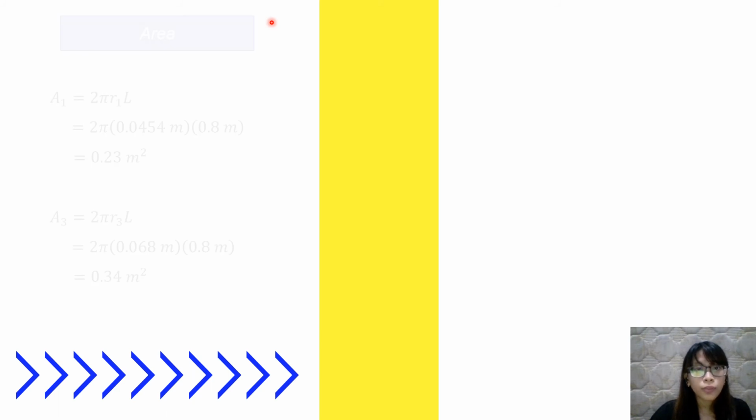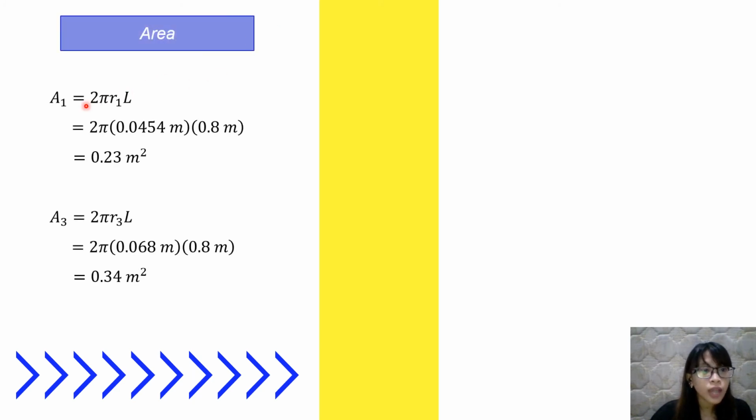First, I need to compute the area for the pipe, which is A1. The formula is 2 pi R1 L, and we already know all the parameters, so we only need to plug it in, and we got A1 equal to 0.23 meters squared. And then A3, using the same formula as A1, we got A3 equal to 0.34 meters squared.